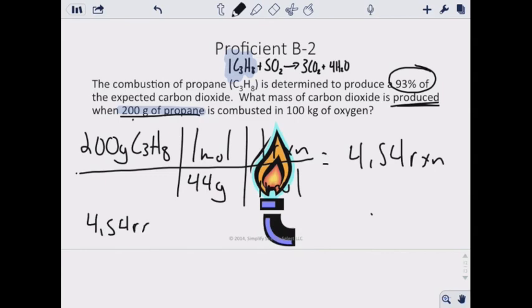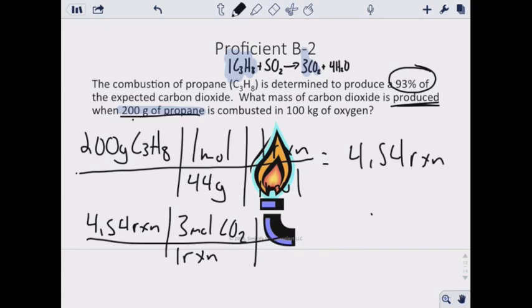Okay, and when we're looking at this, we have 4.54 reactions, and in 1 reaction, we know that we're solving for the carbon dioxide. So in 1 reaction, you have 3 moles of carbon dioxide. And what we see is that, to take it to grams, 1 mole of carbon dioxide is right around 44.